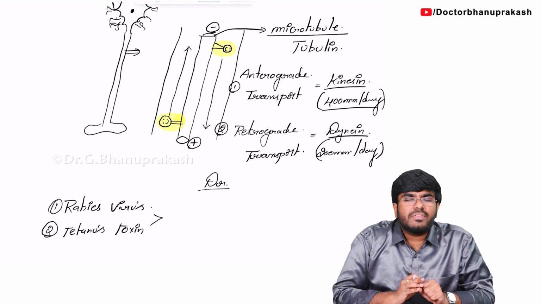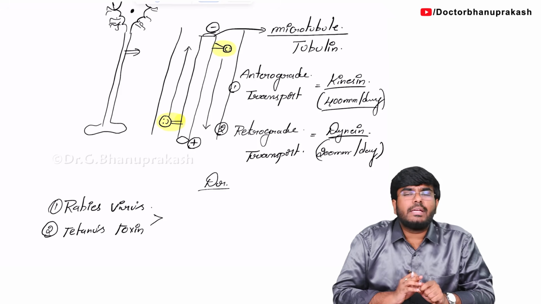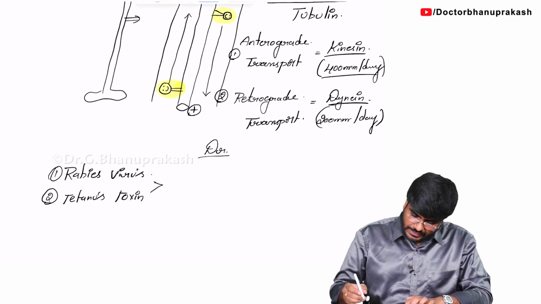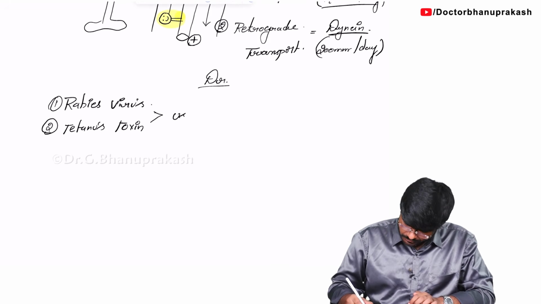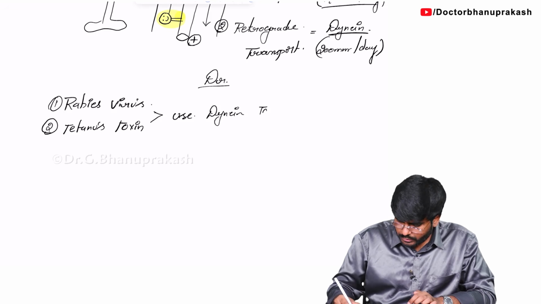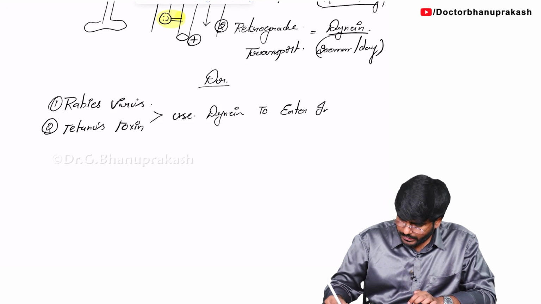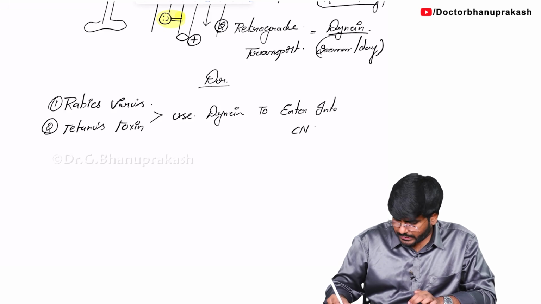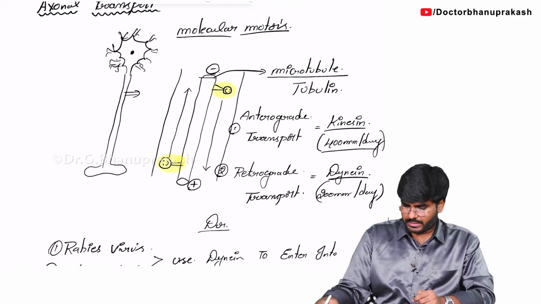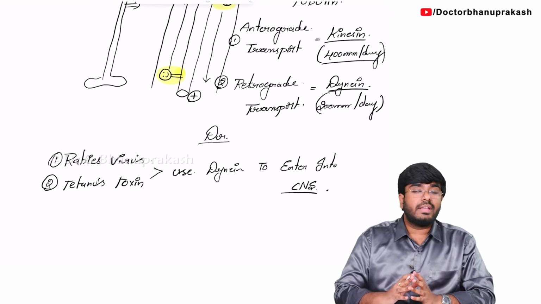So, how do the rabies virus and tetanus toxin enter into your central nervous system? By using dynein. So, this topic is very, very important for your exam.